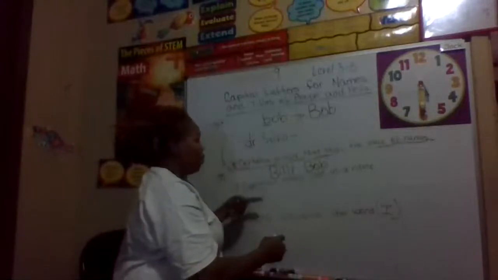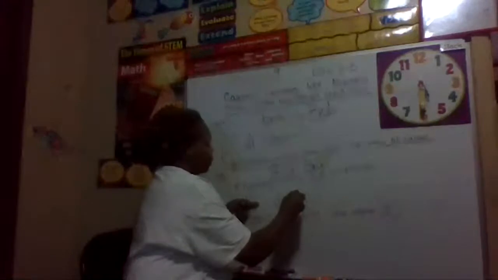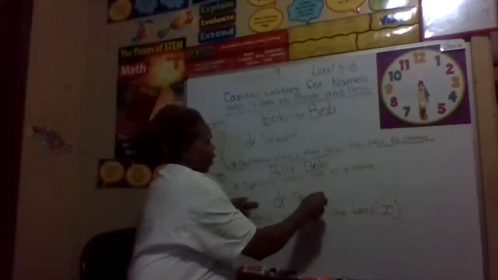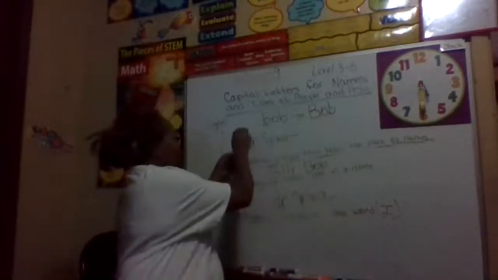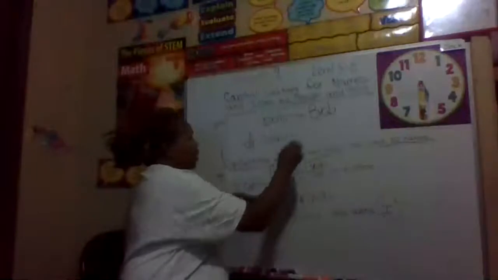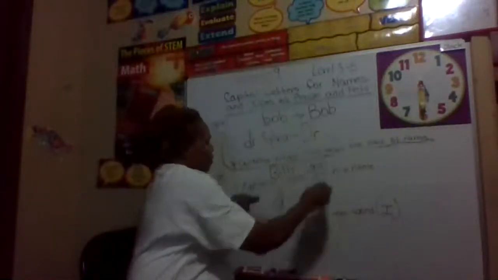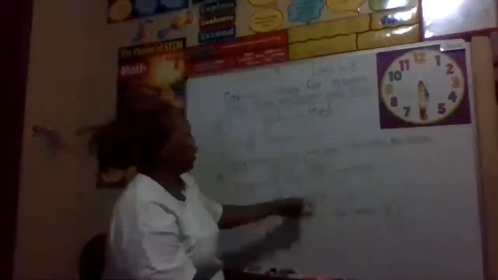And the same thing goes true down here for levels 4 and 5. It would be the same thing. So what we would do is the D in doctor in both places would become a capital D with an R. Same thing if it was Mrs. So the information here is the same for here as it is for there. It's the same. Can't change it.